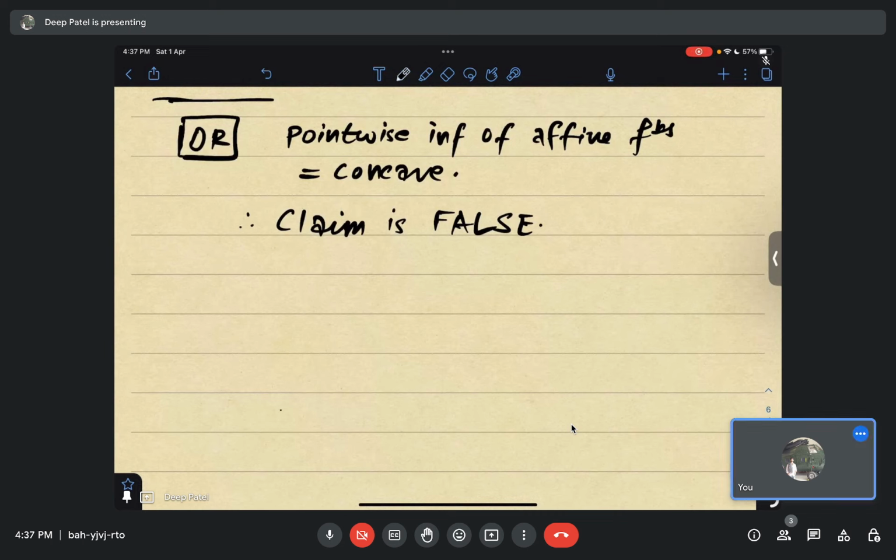Question 4 is: state true or false, the Lagrangian dual function is a concave function. The copy that I have states it the other way around. But either way, the answer is clear, right? No problem.